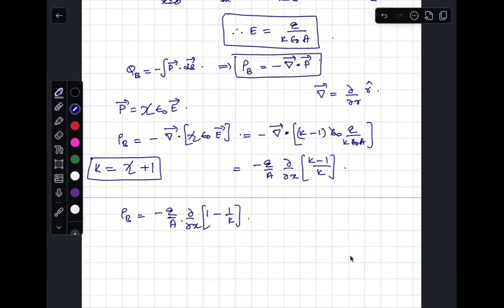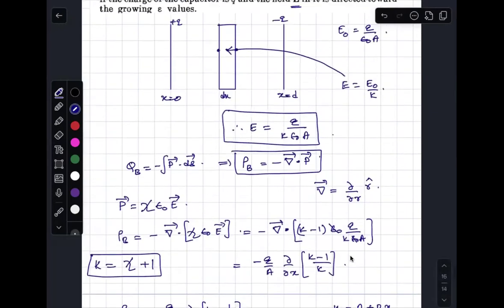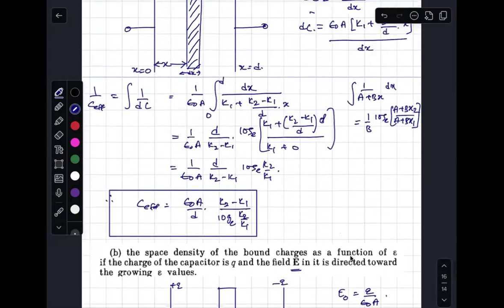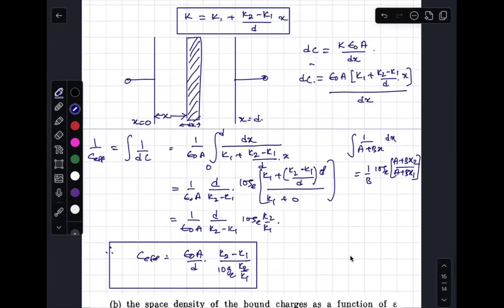If something is a function of x, what is that? Suppose I can write K as some A plus Bx. I'm not cheating you, by the way. You can write this as K1 plus (K2 minus K1) by d x, which can be written as A plus Bx.